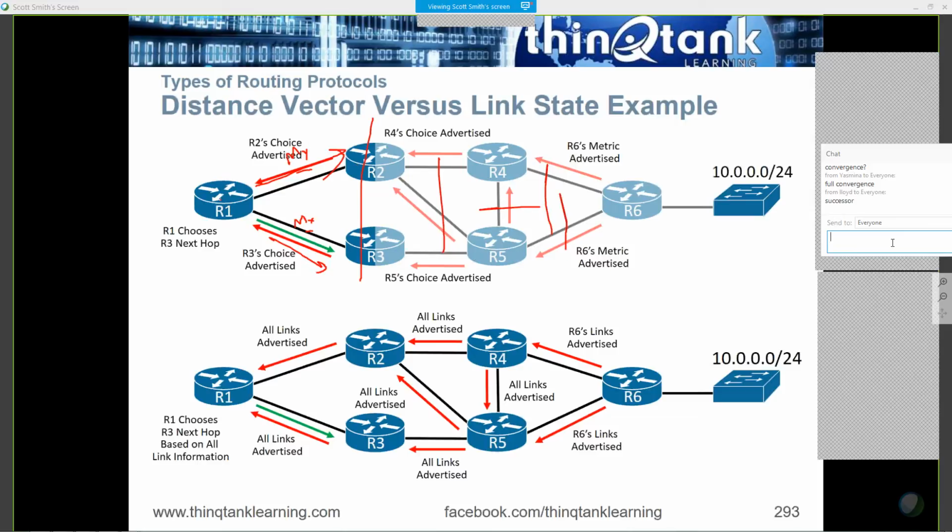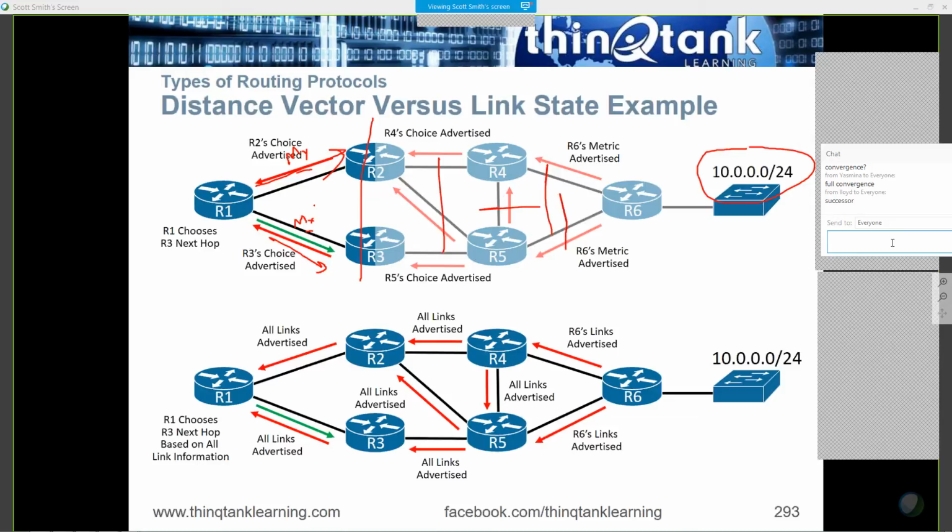Only the destination network was advertised to R1 through the exchange of routing information. This is a term called routing by rumor. R1 makes its routing decision based on what it hears from its neighbors. So it has to trust the information that it gets from its neighbors.